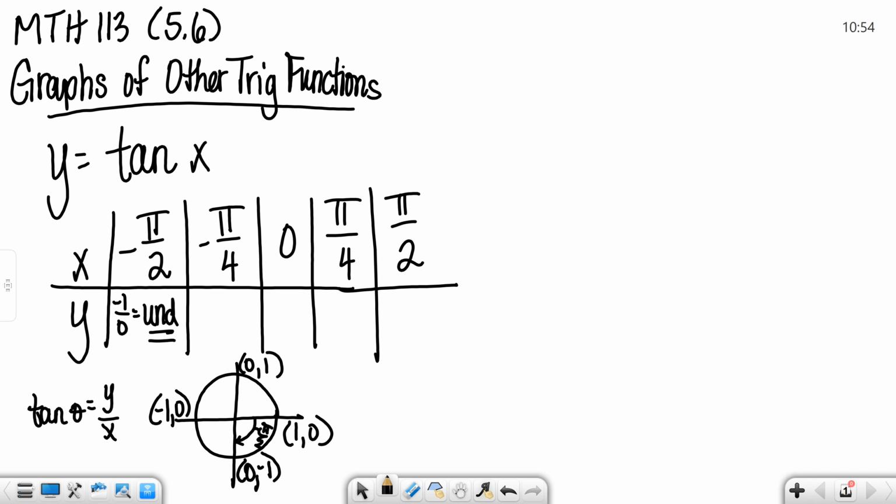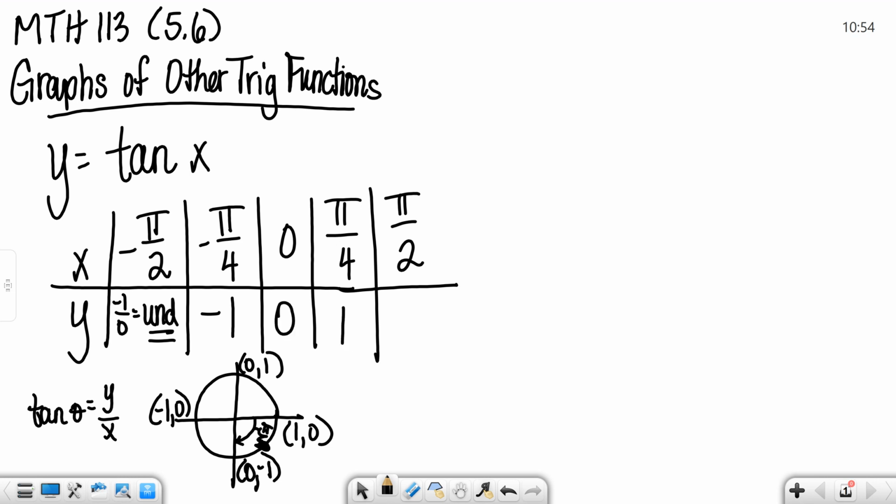All right, let's go on to -pi/4. -pi/4 is not quite as far. It is right here. And the ordered pair there, or you could do the hand trick, all right? And when we figure out the tangent at -pi/4, it is -1. At 0, we would get 0, at pi/4, 1.